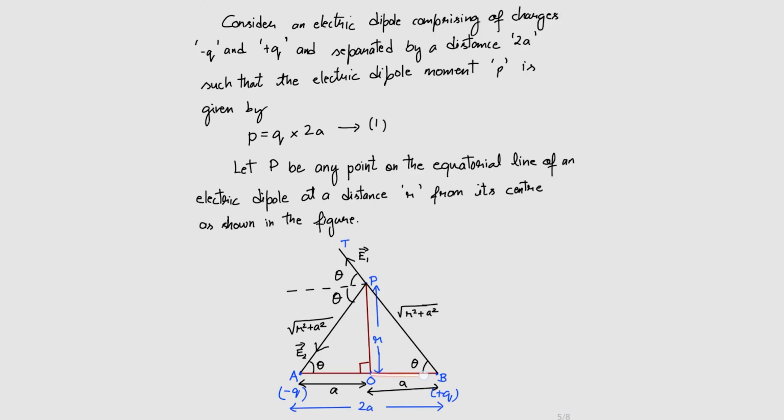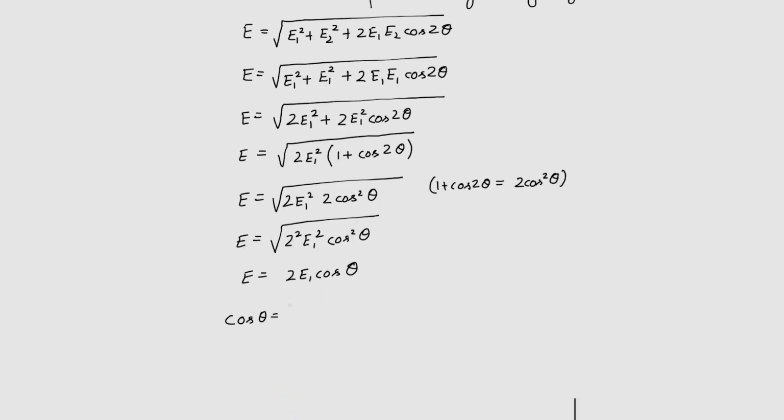My base is OB, and my hypotenuse is PB. So cos theta is equal to OB by PB. OB has the value A, and the value of PB is root over R square plus A square.